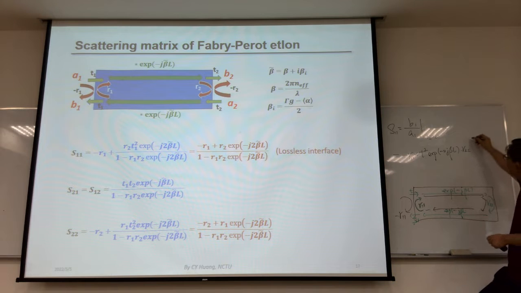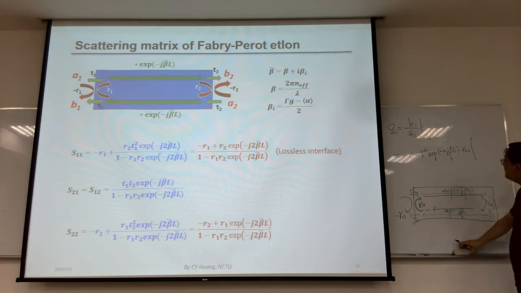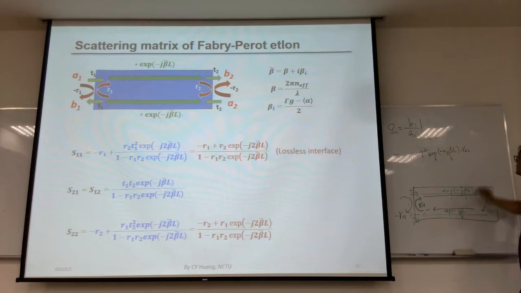So this whole term should be multiplied by a summation of this whole round trip, R11, R22, R11, R22, exponential minus 2j beta L, for n times.